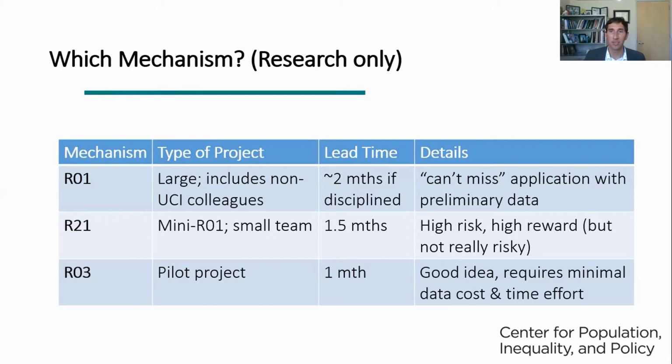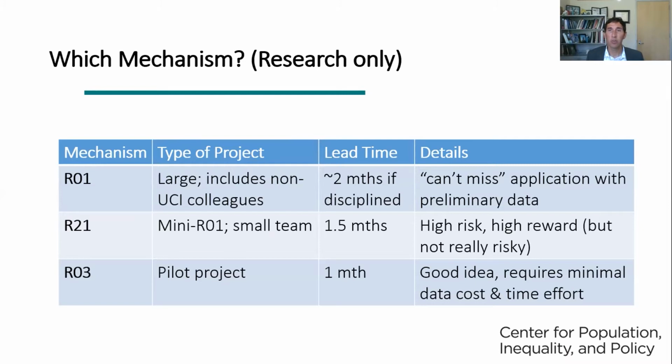R21s are also not really risky, at least the ones that get funded. So it's not the crazy idea. It's basically a mini R01 that has less ambition because you only have 2 years to do it. It could be a reanalysis of existing data, requiring a little less person time to execute.